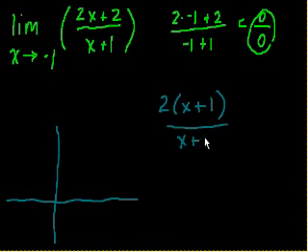x plus 1. So as long as this expression and this expression don't equal 0, this function, let's say that this is f of x, right? Well, for every value other than x is equal to -1, you could actually cancel this and this out.